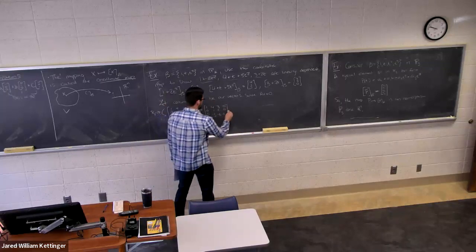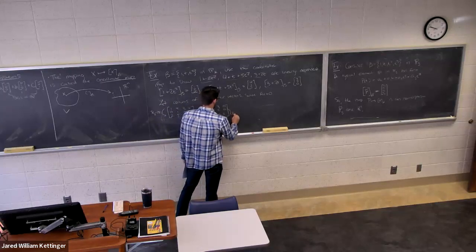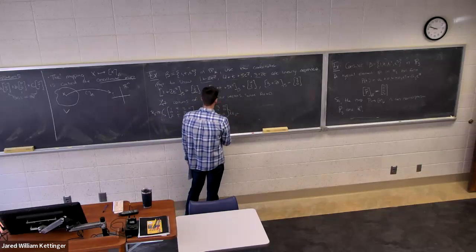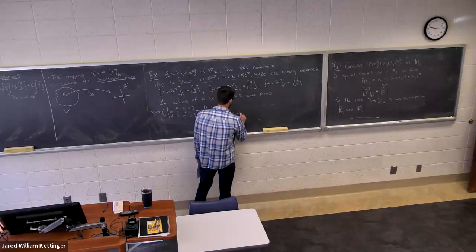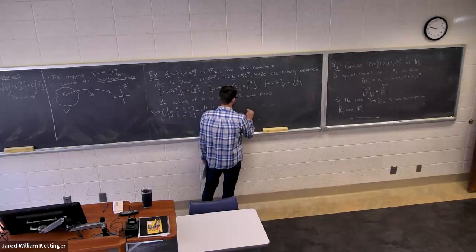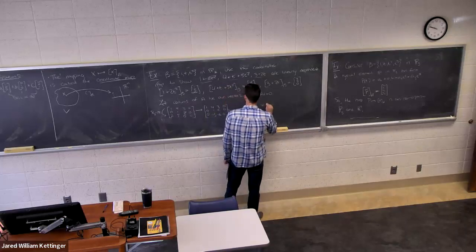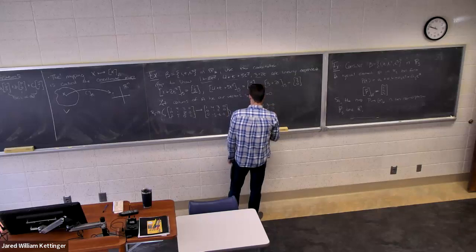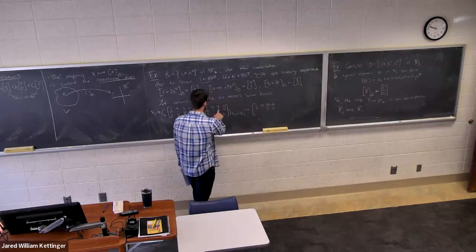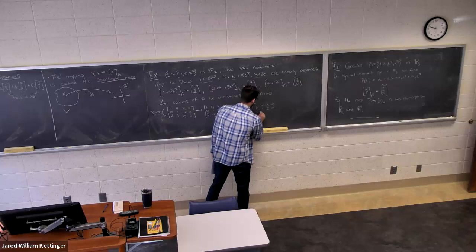And now I'm going to do R3 plus 3 times R2. I leave the top 2 rows alone. And now both of these are going to cancel to give me a row of all zeros.